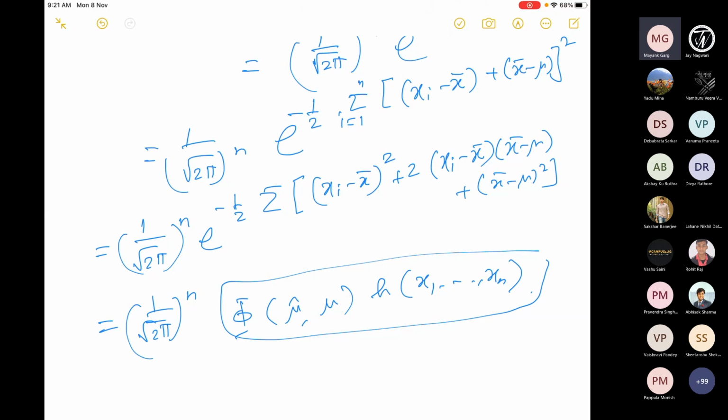Separate the terms of xi, x bar, and mu. I have to somehow get rid of the second term here. If this term is here, I cannot separate it out from the xi's and mu. Somehow I have to get rid of it. So what do you do?